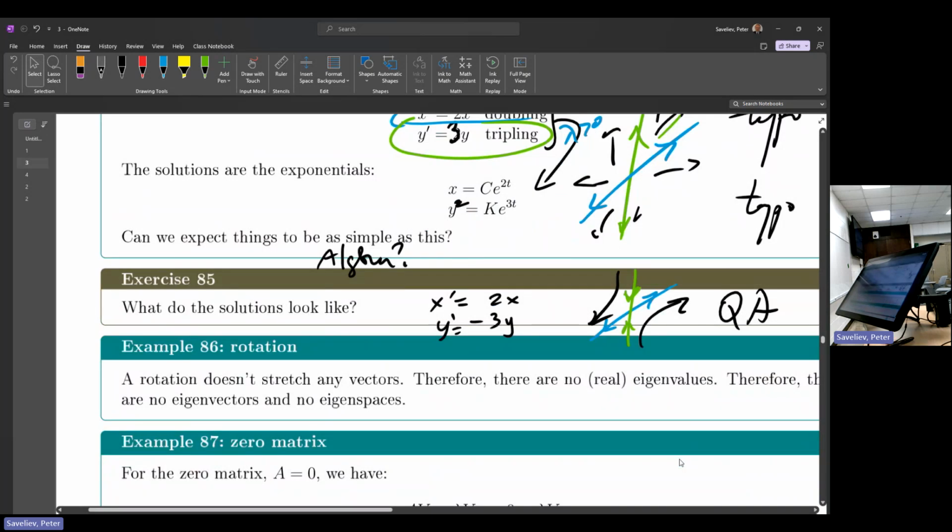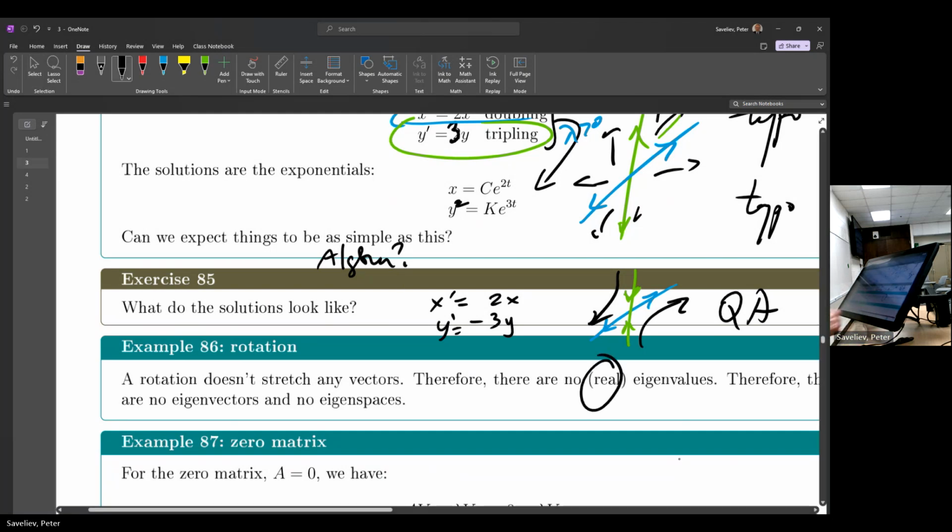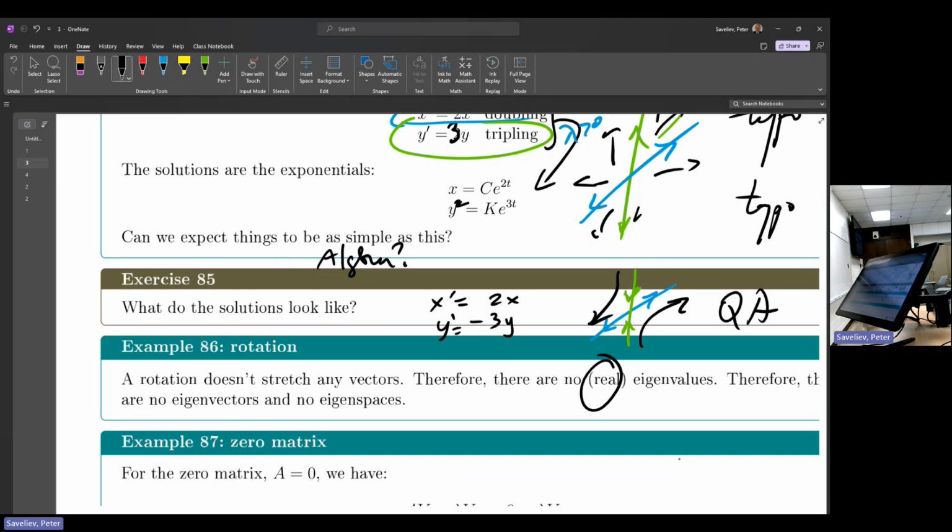Unfortunately, it is quite possible there are no eigenvectors, and that's rotation. If my linear operator rotates, then every vector rotates, there are no eigenvalues. No real eigenvalues. So if there are no real eigenvalues, what kind of eigenvalues can we expect? Besides real?